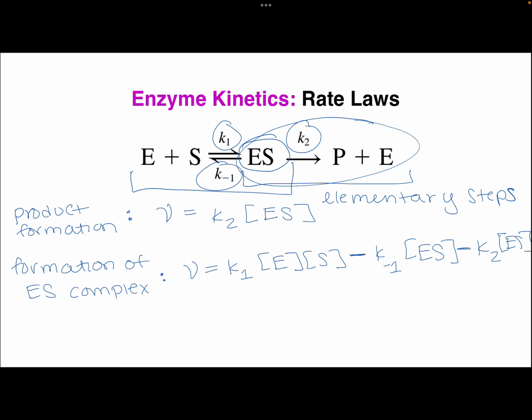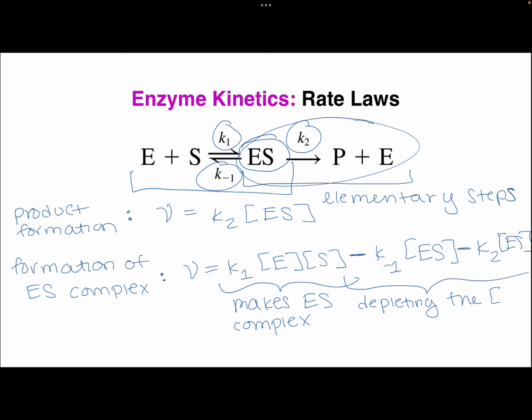All right, so what's going on here? So this is the step that makes ES complex. So that's positive because it's making enzyme substrate complex. It's adding to the concentration of enzyme substrate complex. These are depleting the enzyme substrate complex concentration, which means they cause us to lose our enzyme substrate complex.